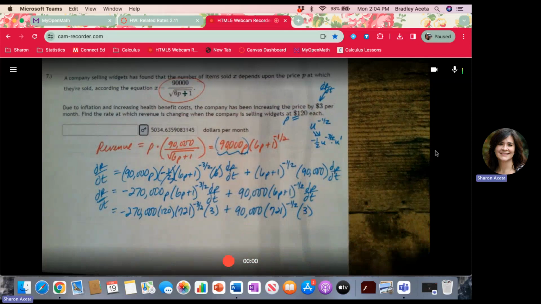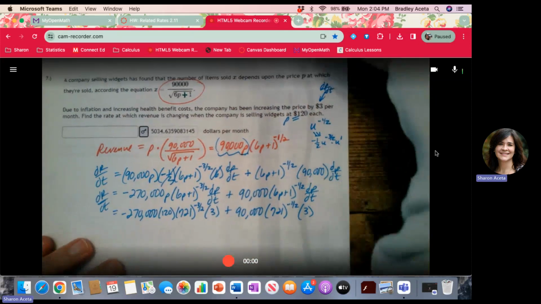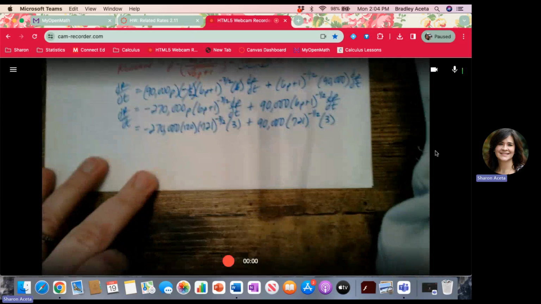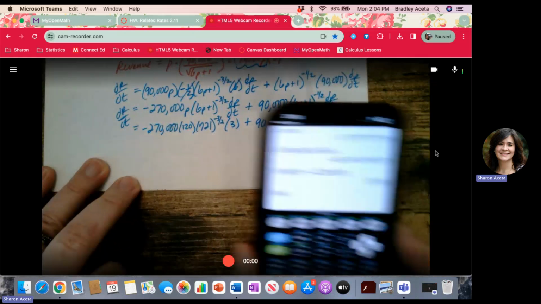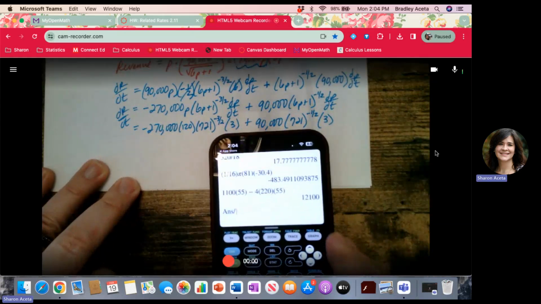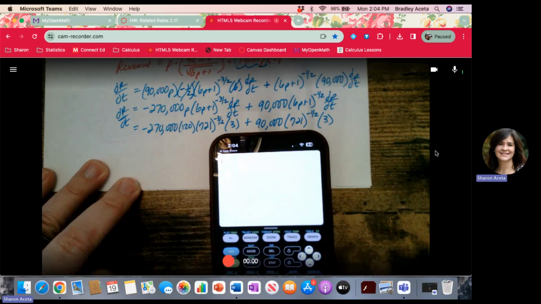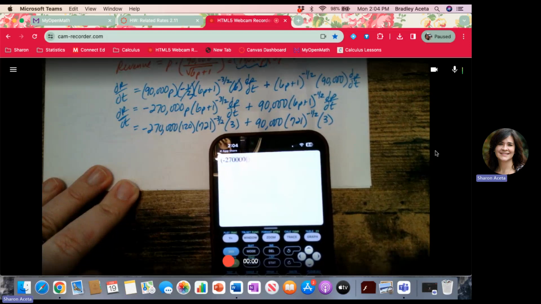So look at that, a lot of stuff going on. But I'm just going to punch this into my calculator and let the calculator do all the work. You just want to be careful how you punch it into your calculator. You really want to put a lot of parentheses around there. Negative 270,000. I got to make sure I don't mess up a 0. Times 120 times 721 to the power of negative 1.5.